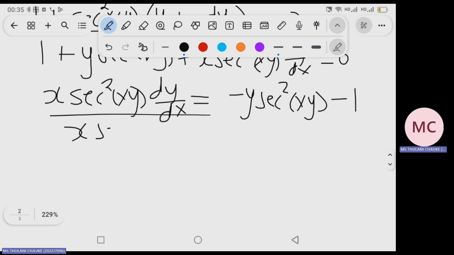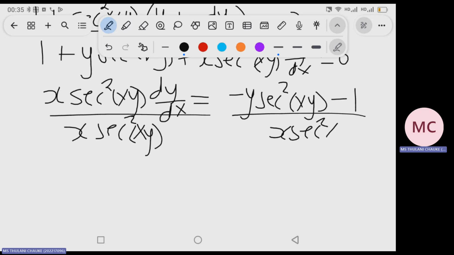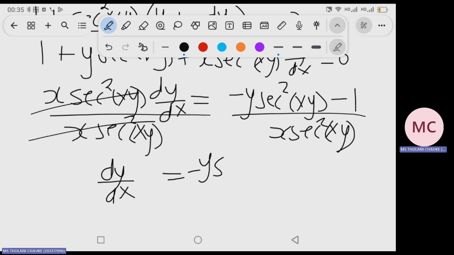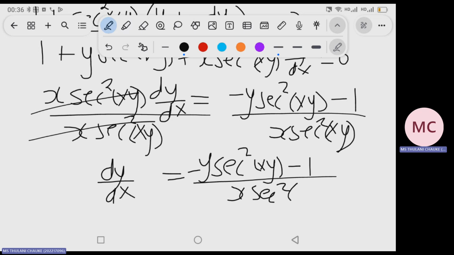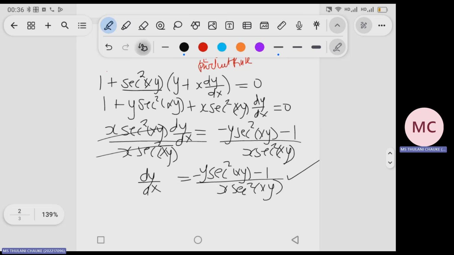Then I divide both sides by x sec squared of xy. Then this will cancel. Then dy over dx will be negative y sec squared of xy minus 1 over x sec squared of xy. So this will be our final answer.